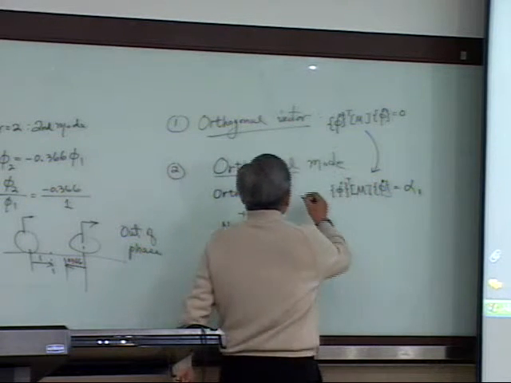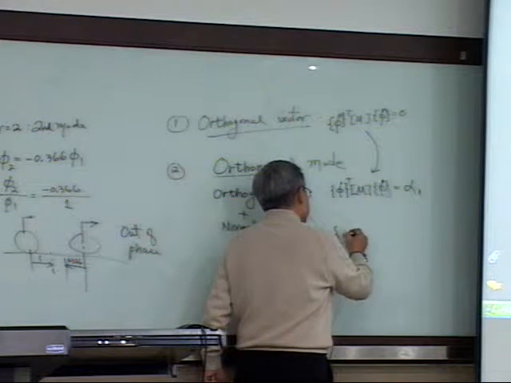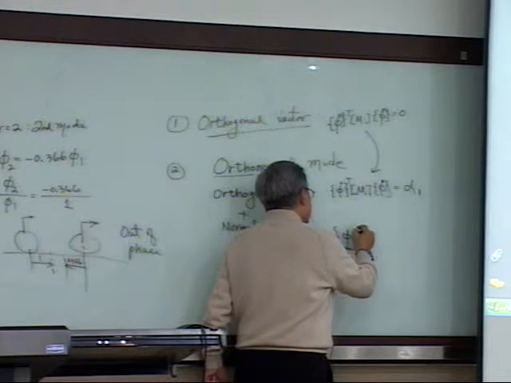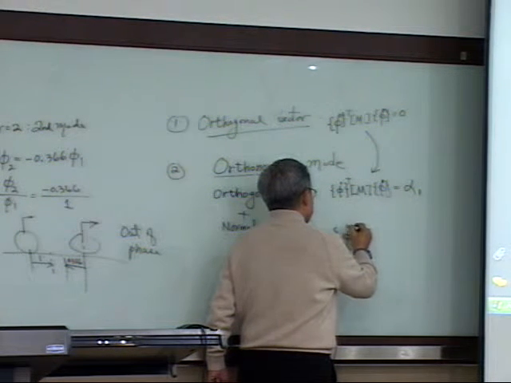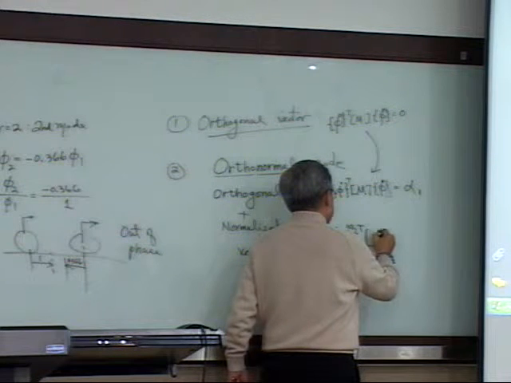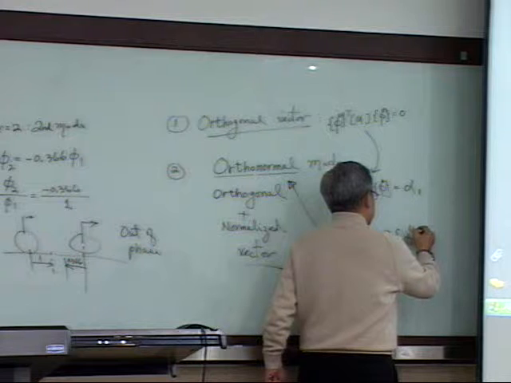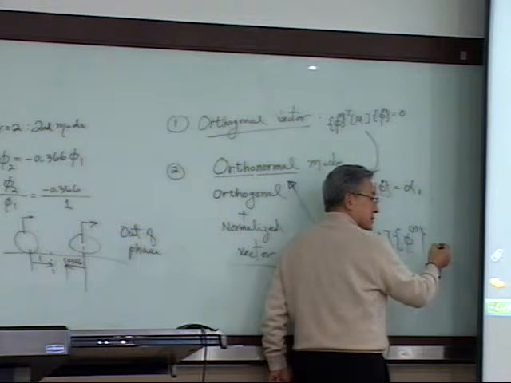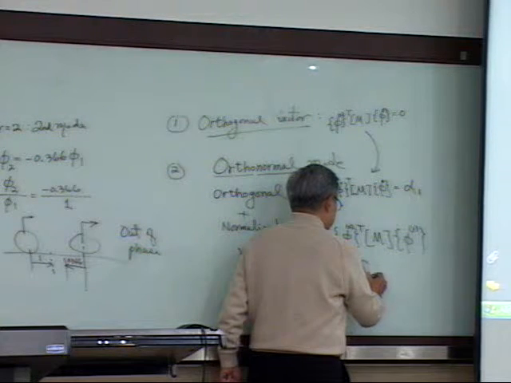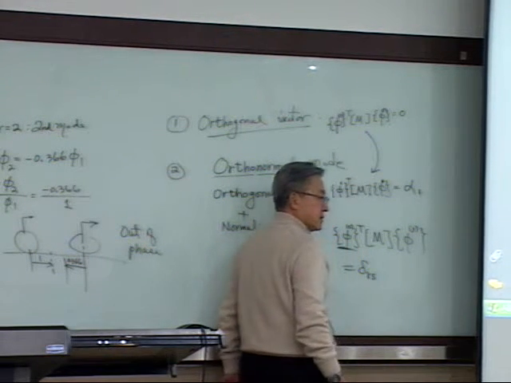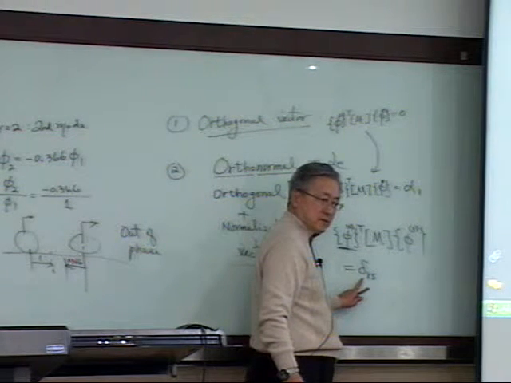So the orthonormal mode here is this. If this is an orthonormal mode, phi S transpose mass phi R, can you see there? This is equal to delta RS, this delta is the Kronecker delta.